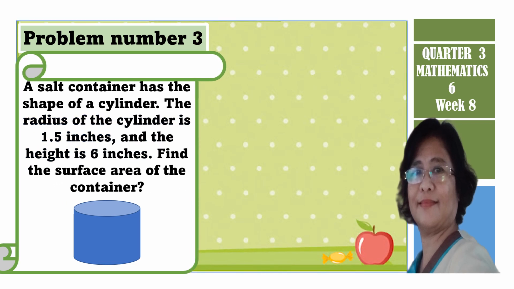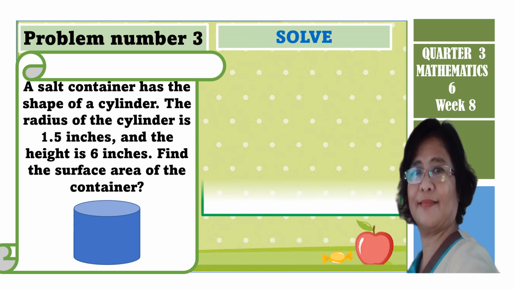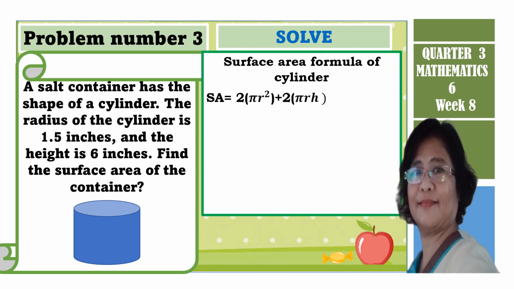Let us now solve the problem. Using the given formula, let us substitute with the given numbers. To solve this kind of equation, we are going to start within the grouping symbols. Inside the grouping symbols, we have the exponent and multiplication.